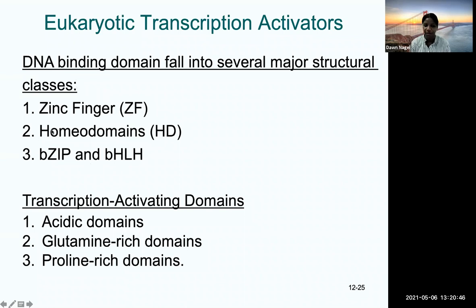So you can have a zinc finger, homeodomain, bZIP, or bHLH. And the transcription activation domain can either be kind of acidic, right? So you have perhaps a lot of glutamic acids or aspartic acids, it's highly acidic, glutamine-rich regions or proline-rich regions present within these transactivation domains.